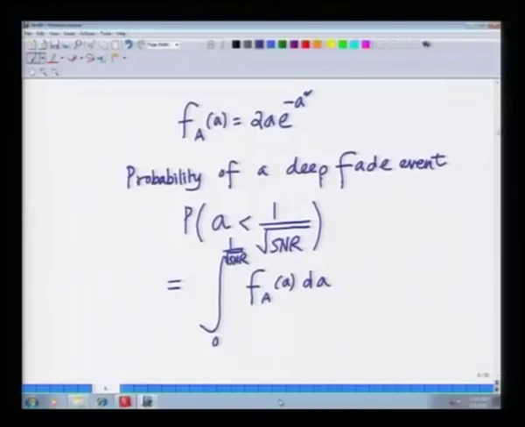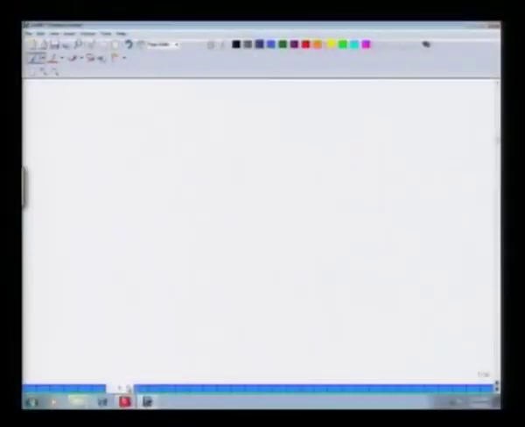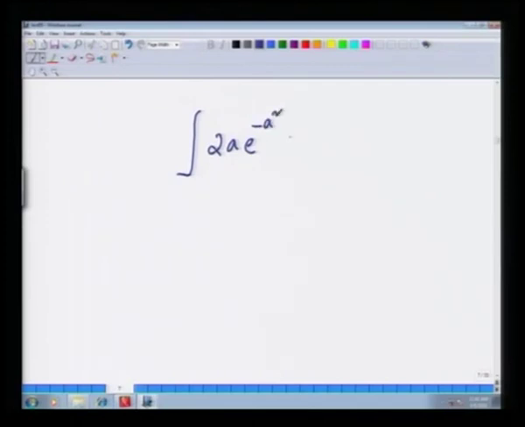So, I will simply integrate this probability density function between the limits 0 and 1 over square root of SNR to find out the probability that it lies in that range. Substituting, that is simply the integral of 2a e power minus a square dA from 0 to 1 over square root of SNR. Now, if SNR is very high, A is almost close to 0.